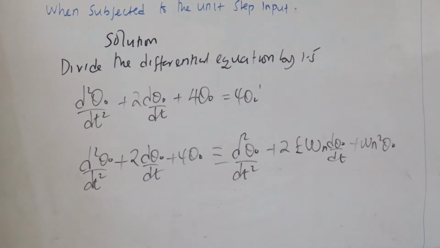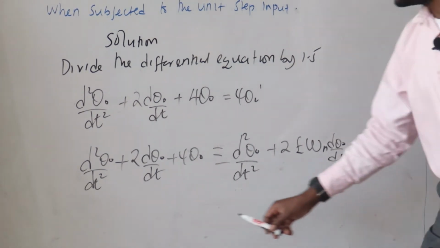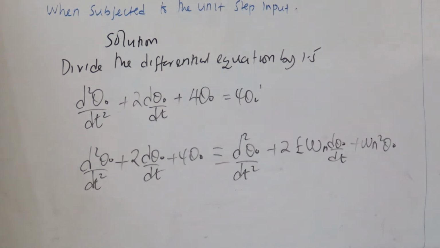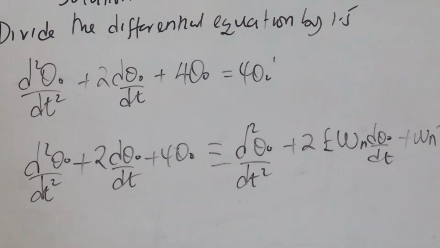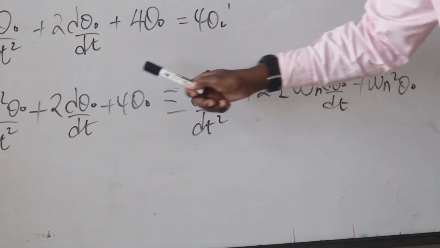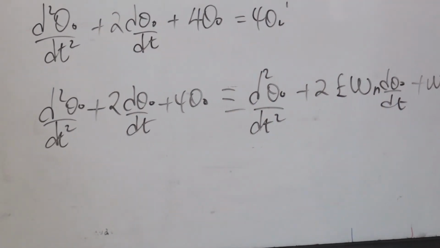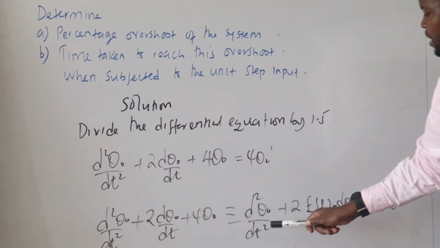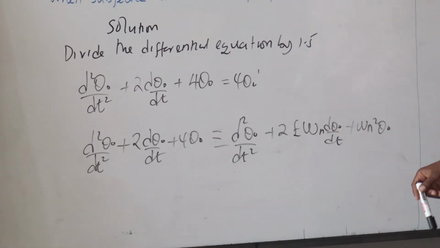This is now the dimensionless equation, and this is the equation that we had before after transforming it so that the value resembles that value. That is the reason why we were dividing, because this one had 1.5 but we wanted it to be unity.